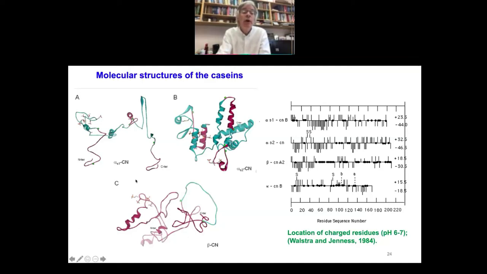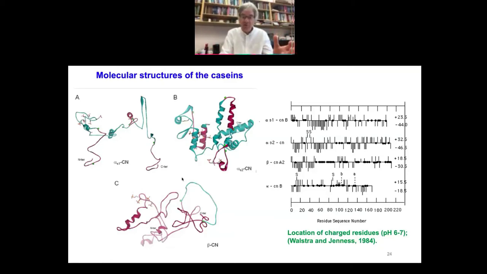So if you look here at alpha S1 casein and beta casein, which are the two major casein components in milk, you see a little bit of alpha helix, but not very much structure at all. Now, alpha S2 has a little bit more alpha helical structure in the protein, but there's not a lot of alpha S2 in milk. So these are naturally sort of unfolded proteins.